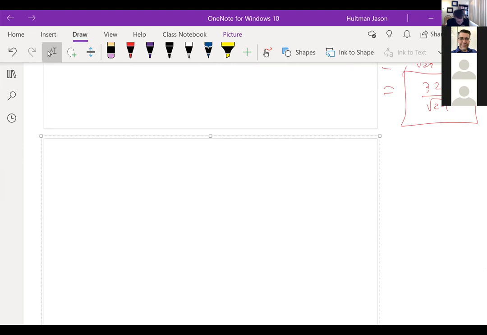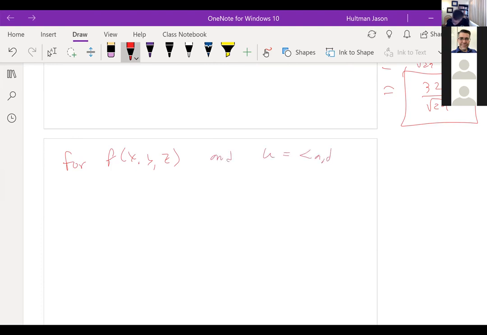For f of x, y, z, and u of a, b, c. So now say that we have 3 variables instead of 2. This is a 4th dimensional function, and u is a 3-dimensional unit vector.